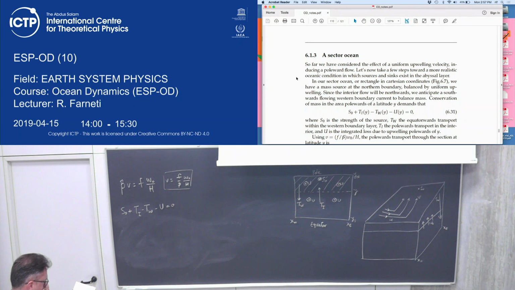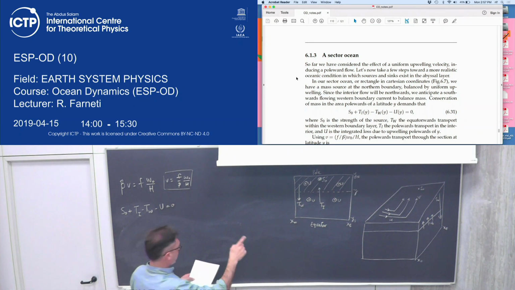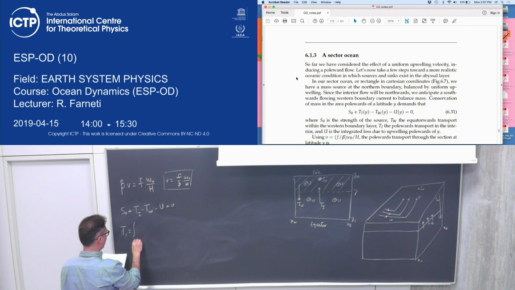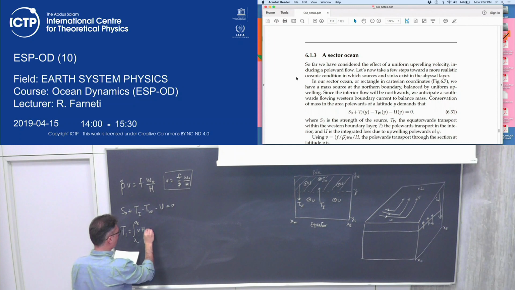So you use again this that I didn't cancel. And so the poleward transport through the section at latitude Y, so the interior, T interior, is going to be, from X west to X east, you're integrating V over H dx.